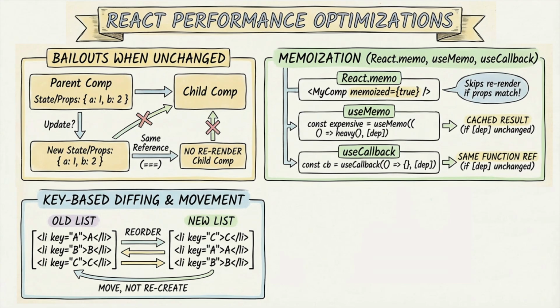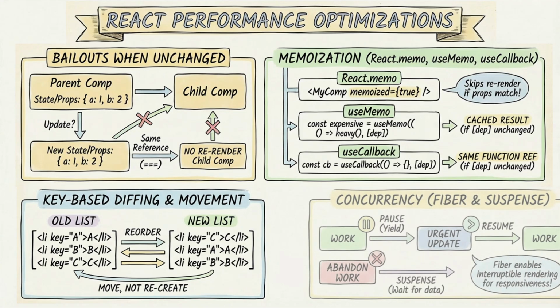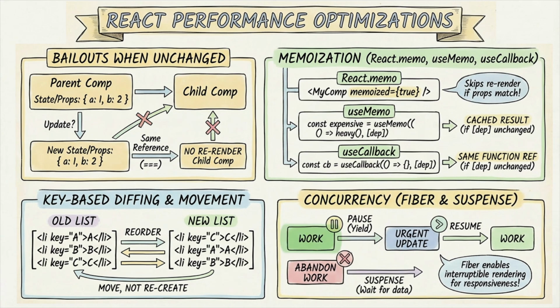Keys help React understand which elements moved, allowing more efficient reordering. Concurrent rendering. React can pause work, resume it later, or abandon updates entirely if a more urgent one appears. These optimizations are why React apps remain smooth even when the UI is complex.